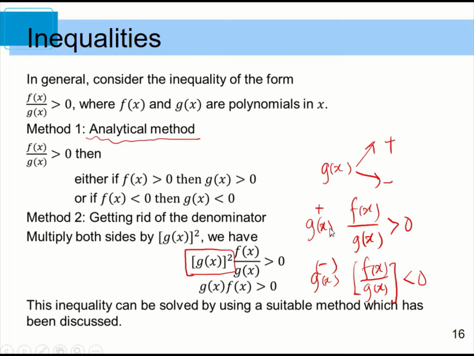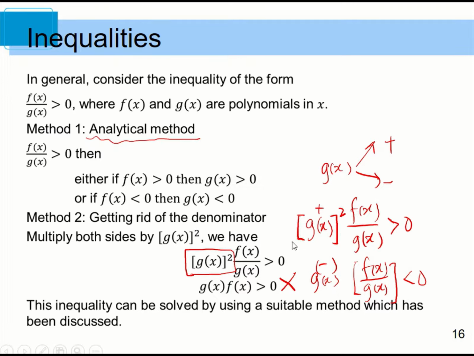Now, in this case, g(x) can be positive or it can be negative, so we cannot multiply the function by g(x). We must ensure that the value we multiply by is always positive so that the sign remains the same. In order to avoid this situation, we are going to use the square of g(x).